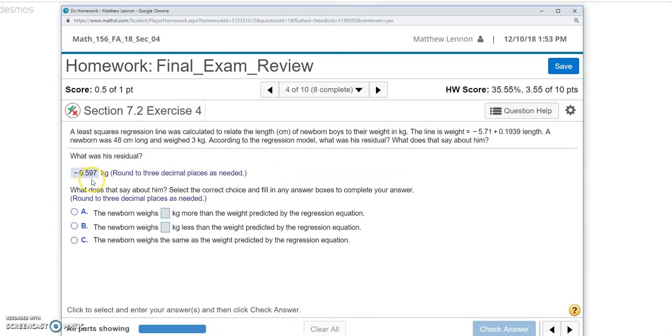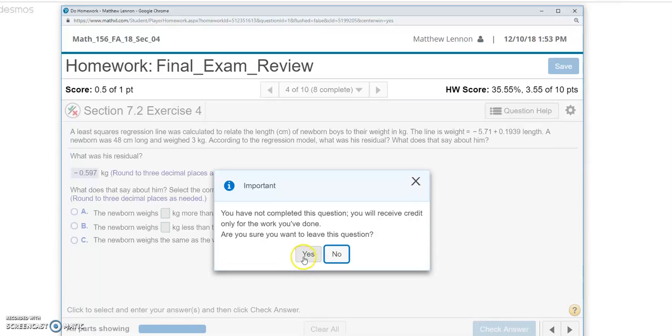So that's how you can get that. What does it say about them? Well, I think that's pretty straightforward to interpret. So the observed minus the expected, it's basically telling you that the predicted model expected more for the weight. So select the correct choice below.